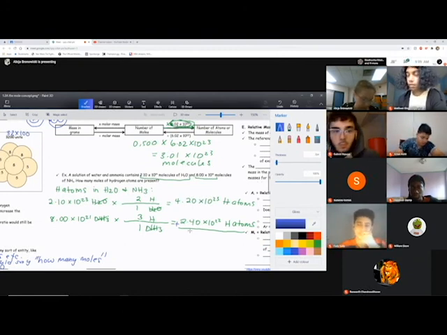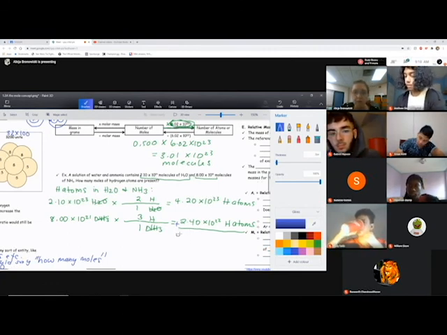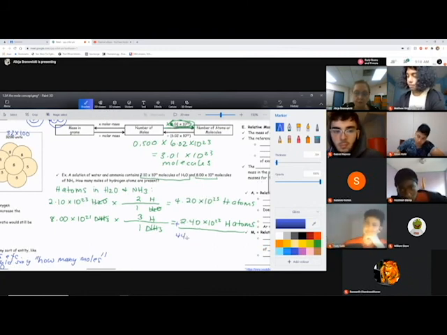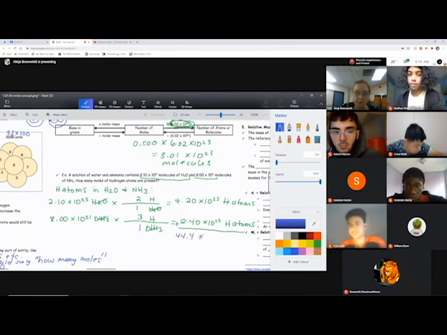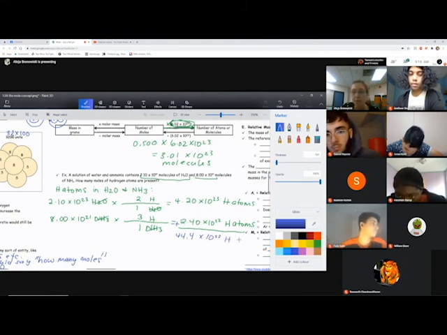So I'm looking on my page and I'm trying to find where I put the answer for this. Okay, so 44.4 times 10 to the 22 hydrogen atoms. Okay, that's how many hydrogen atoms I have.